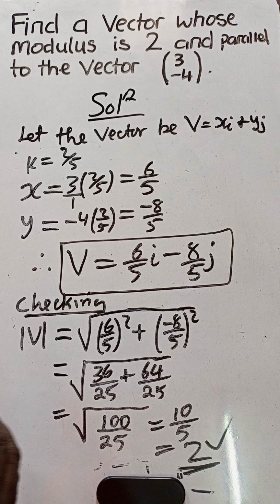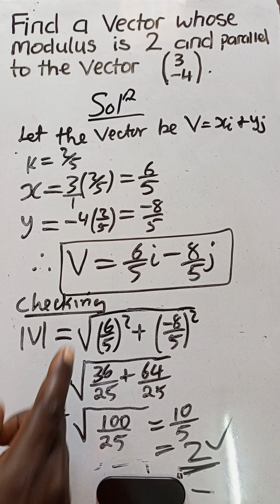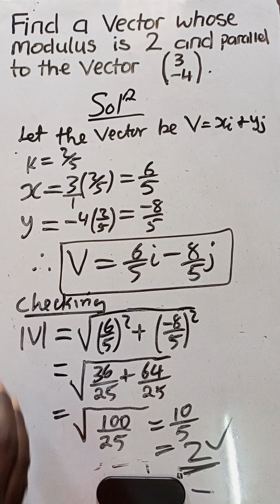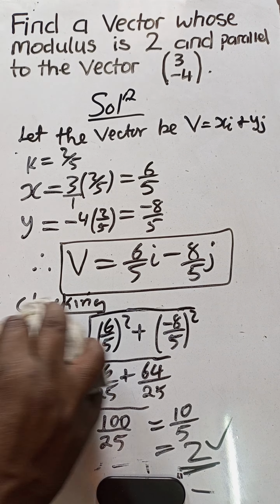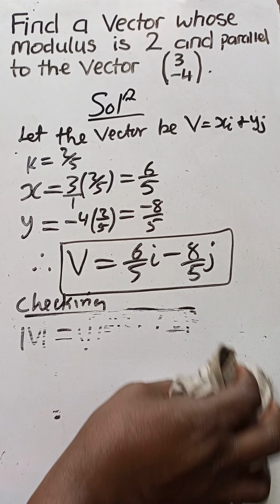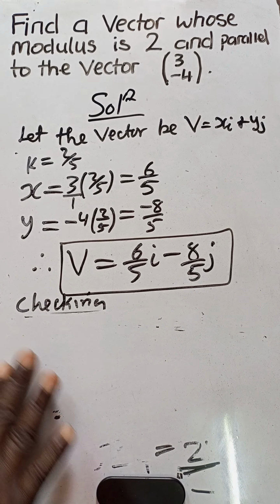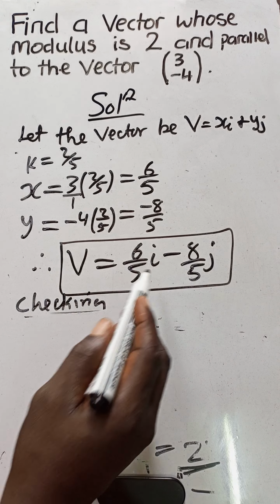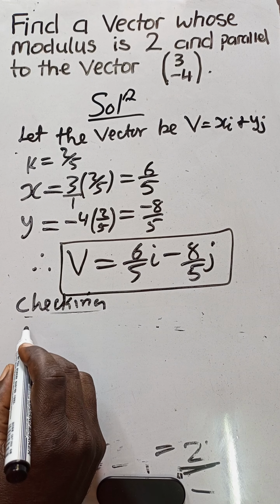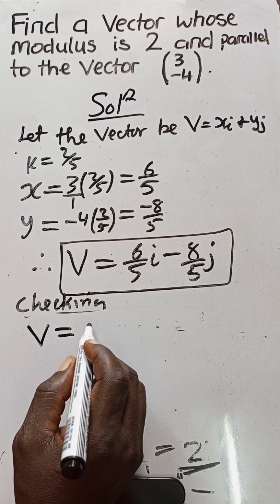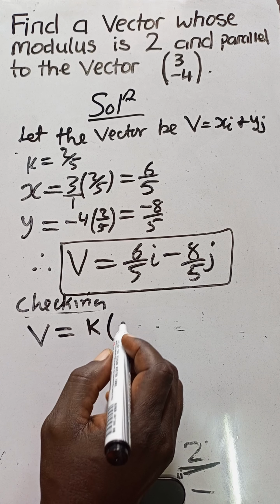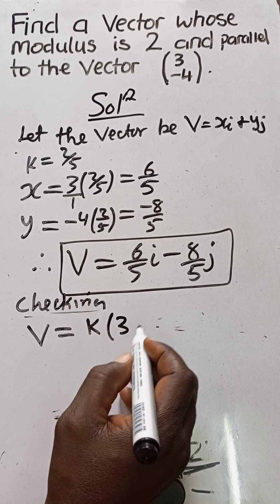Now, let us check the other part to see if this same vector is parallel to the vector 3i minus 4j. For this vector to be parallel to that vector, it simply means that the vector v must be a constant times the vector that we have there.